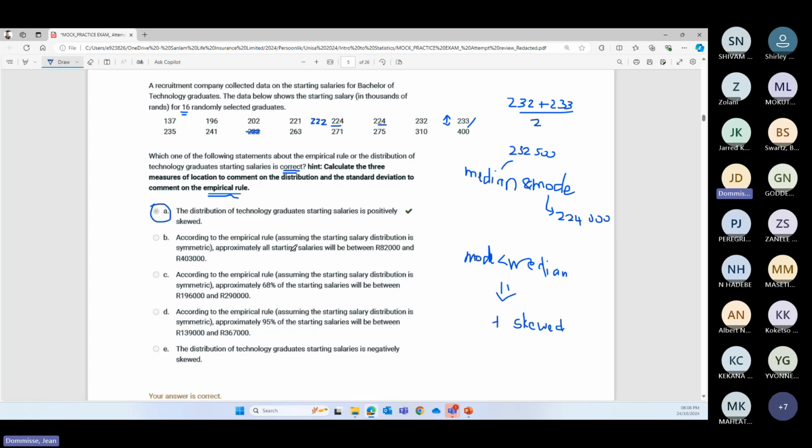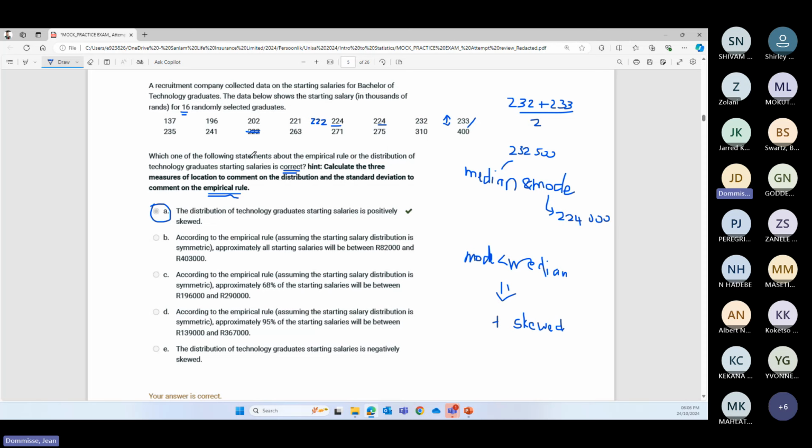And if it's normally distributed, it falls within certain bands. So again, this one, you could have identified it at the start nearly that it is skewed positively. So again, you did not need to put this into Excel to work out the standard deviation because we already knew that the mode is smaller than the median.